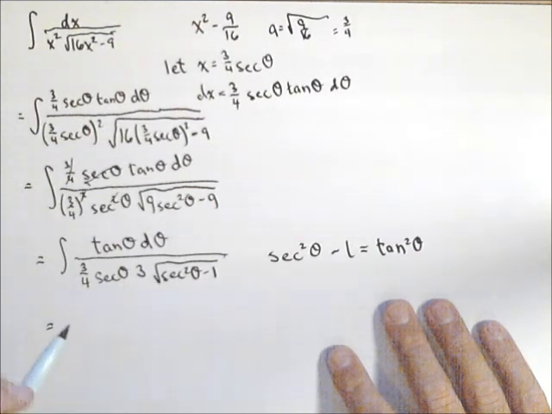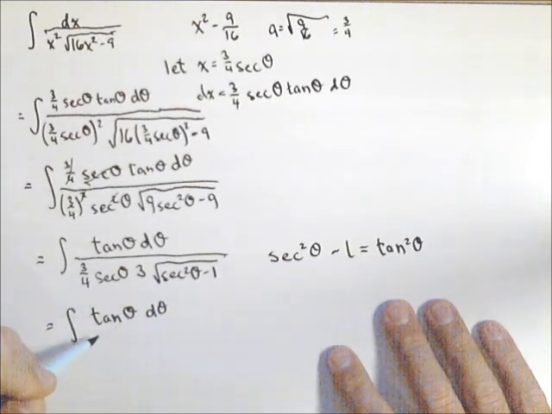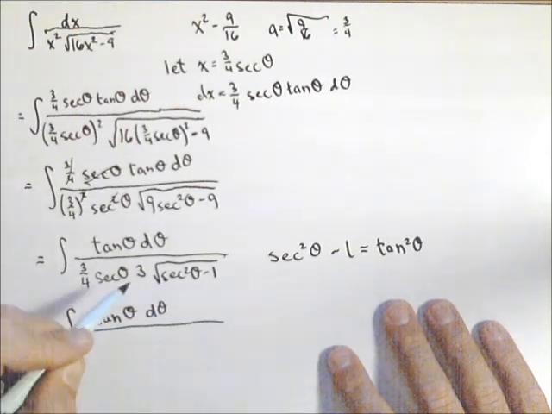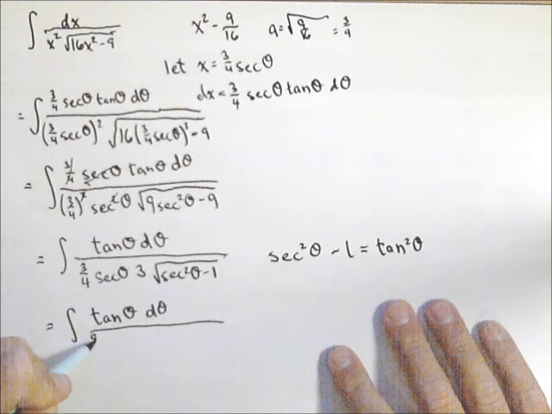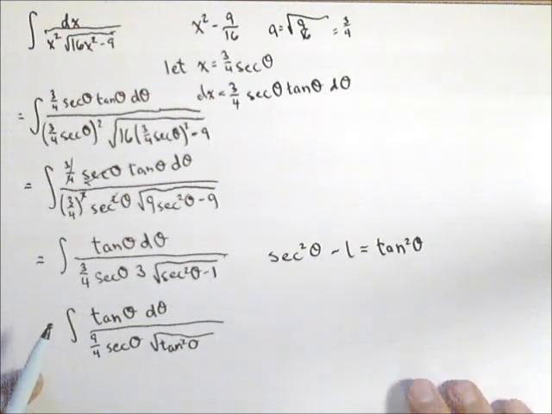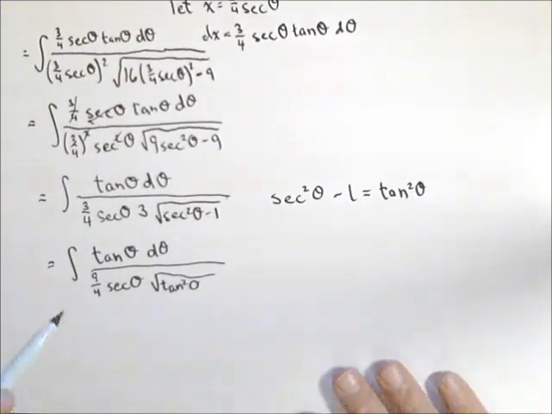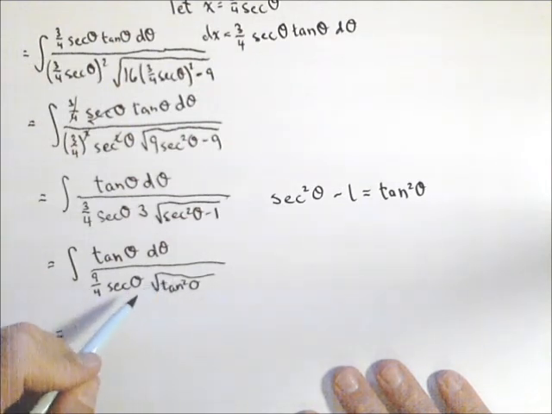It's going under a radical, so we have tangent theta d theta all over. I'm going to go ahead and multiply those together. 9/4 secant theta times the square root of tangent squared theta.